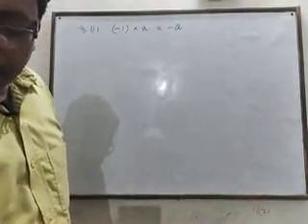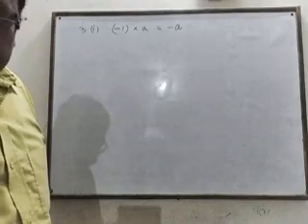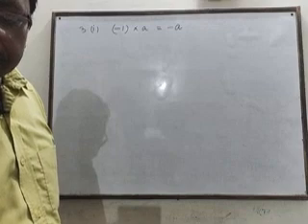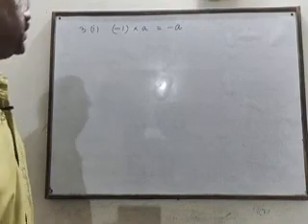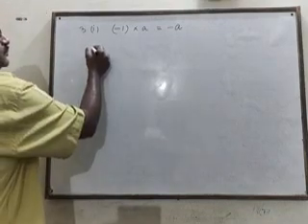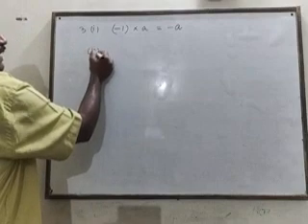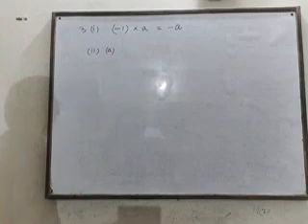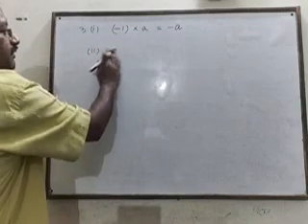Similarly, the second part: determine the integer whose product with -1 is -22. Subpart A. So directly we will write the answer.